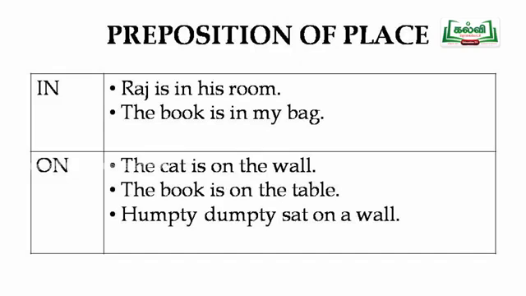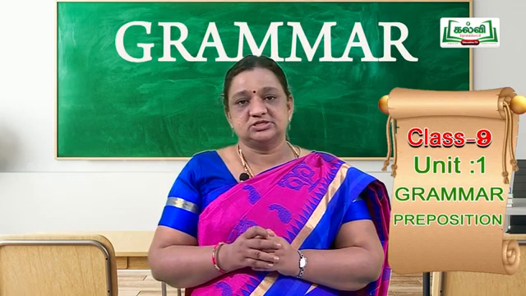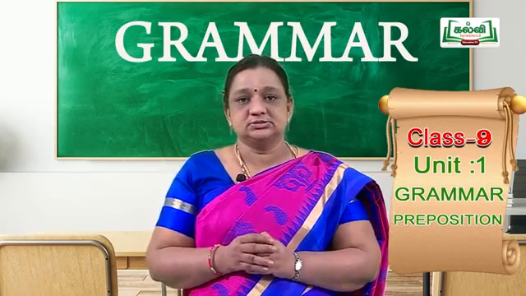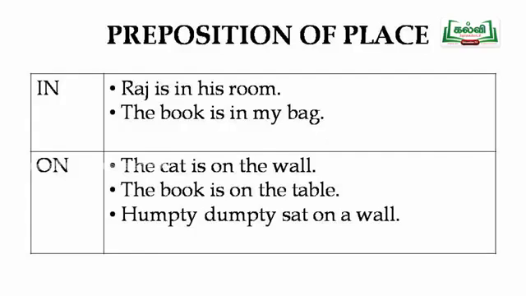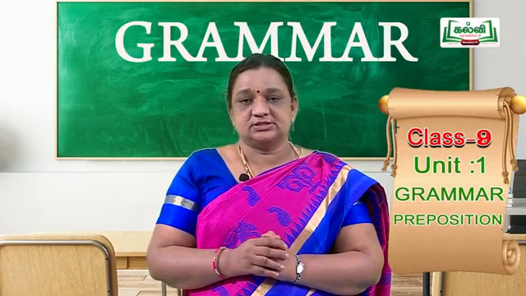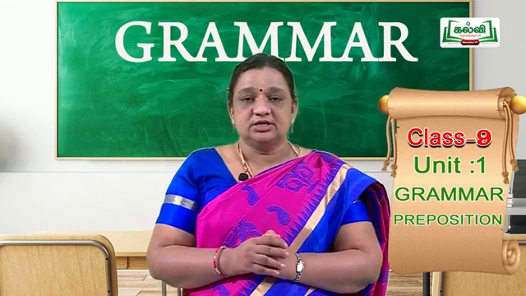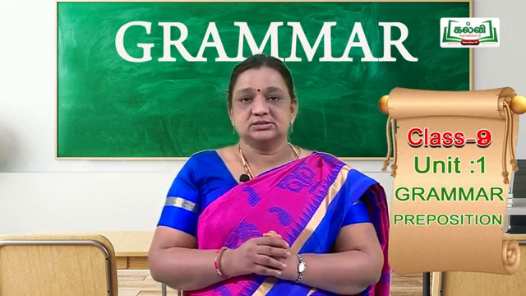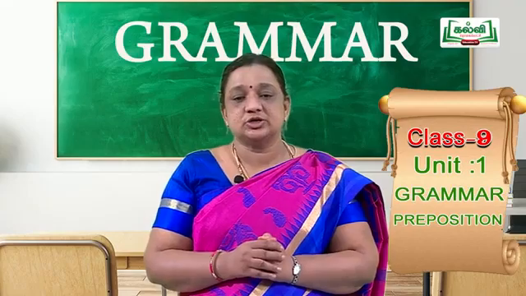The cat is on the wall. This on the wall indicates that the cat is sitting above, on the wall. The book is on the table. We have placed the book on the table. Even the rhyme that we used to say in our kindergarten classes, Humpty Dumpty sat on a wall.